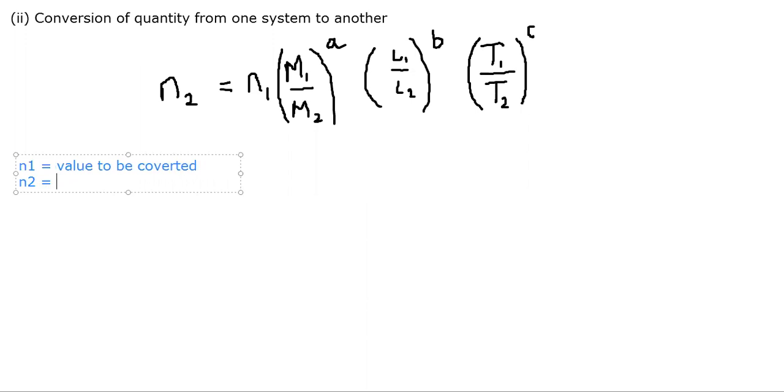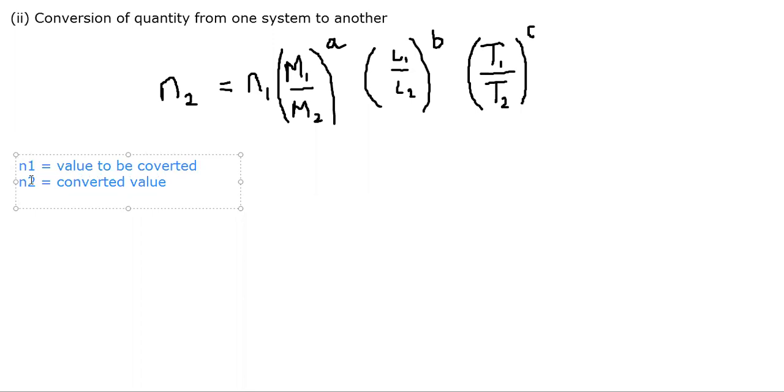That means that would be the final answer. For example, if you want to change 1 kg into gram, 1 would be N1 and 1000 would be N2. 1 kg is 1000 gram. So 1 kg is the value to be converted, and the final answer, 1000, is your converted value.